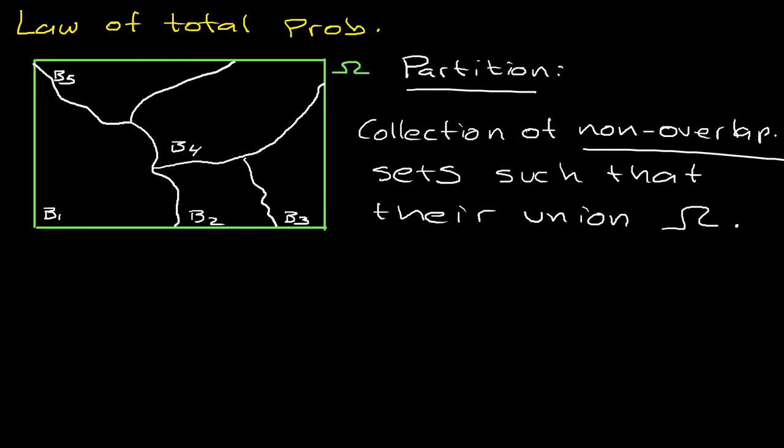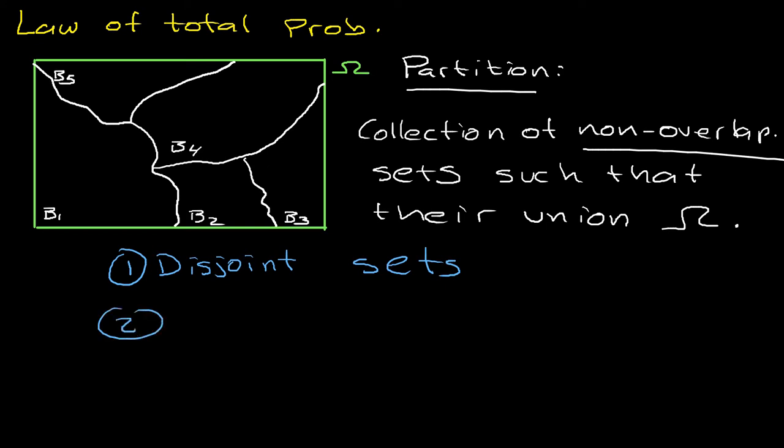And their union makes omega. So we want disjoint sets, and we want the union of these sets to be omega.